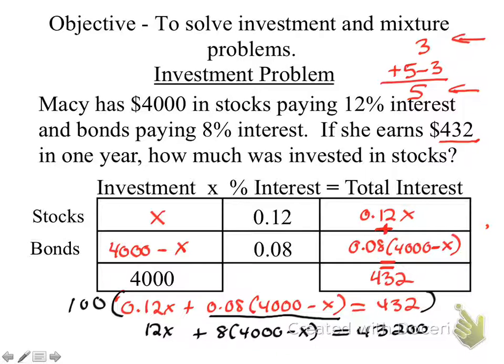Okay, and now we're going to solve it. 8 times 4,000 is 32,000. 12x plus 32,000 minus 8x equals... I'm going to subtract that. I'm kind of out of space.